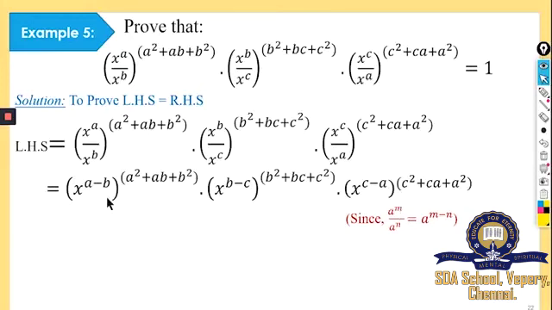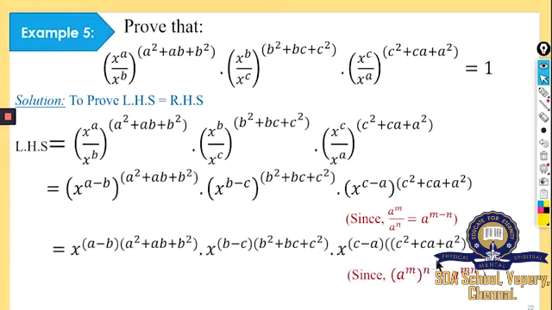So now here again, if you observe this, this is in the form of a power m to the power n. So we have studied that law also. A power m to the power n equals a power mn. So a power m is x power a minus b, and n is a square plus ab plus b square.